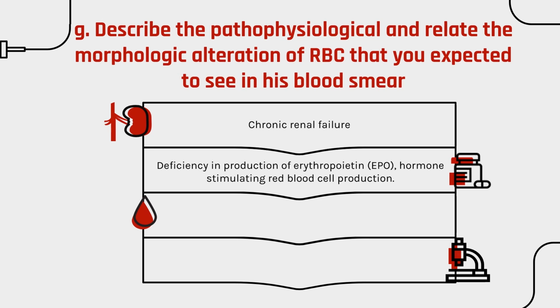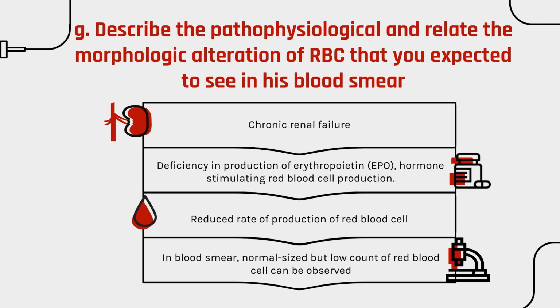This could affect the production of EPO, erythropoietin, which is the hormone that stimulates red blood cell production. Therefore, there will be a reduced rate of production of red blood cells in the blood. As a result, normal size but low count of red blood cells can be observed through the blood smear test.